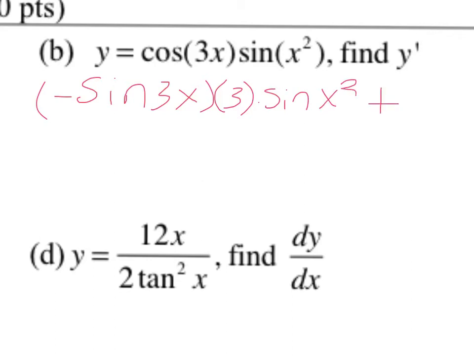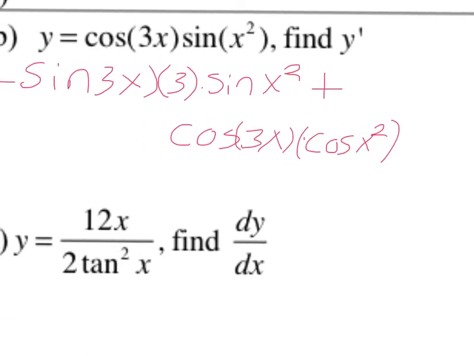To that I'm going to add cosine of 3x times the derivative of sine of x squared, which is cosine of x squared, and that's going to be multiplied by the derivative of x squared, which is 2x.